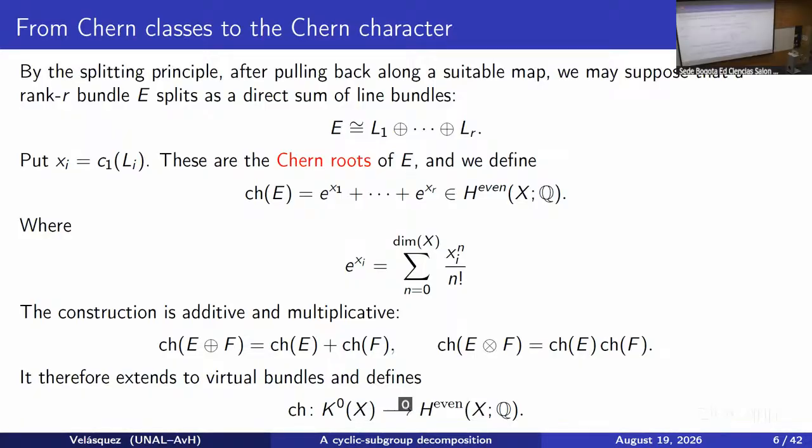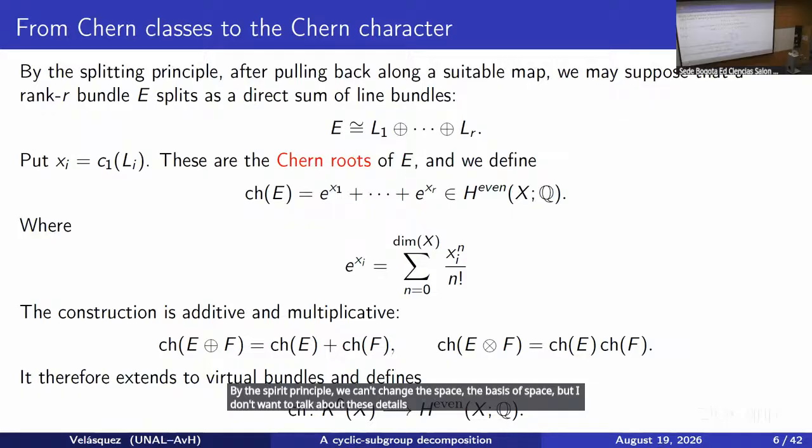Now, if we have a general complex vector bundle, for example, of rank r, by the splitting principle, we can change the base space, but I don't want to talk about these details.